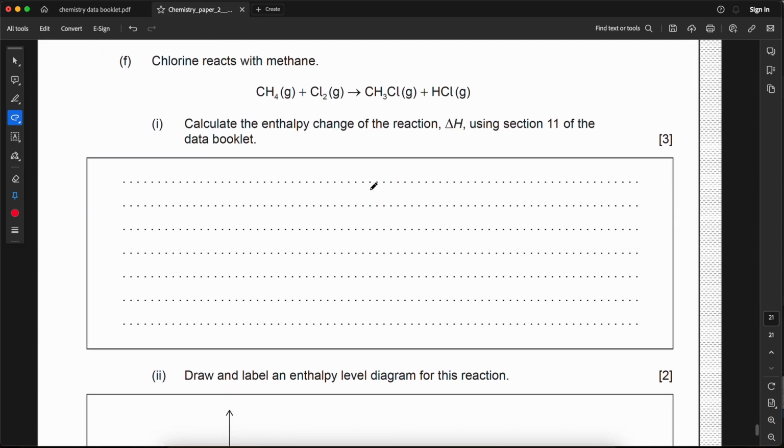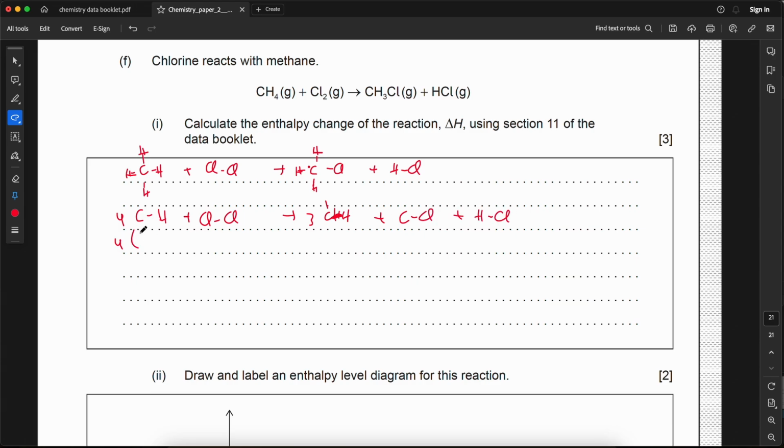The next one, calculate the enthalpy change of the reaction, delta H, using section 11 of the data booklet. So you just need to make the Lewis structure: CH4 here, and then Cl2, producing CH3Cl and HCl. So you will have 4 C-H plus Cl-Cl, producing 3 C-H plus C-Cl plus H-Cl.